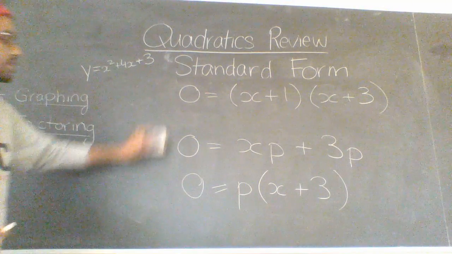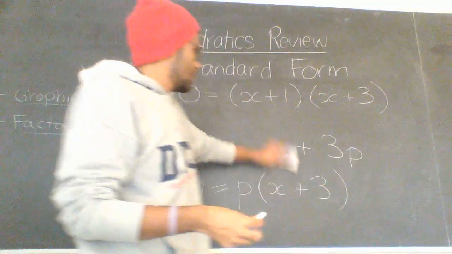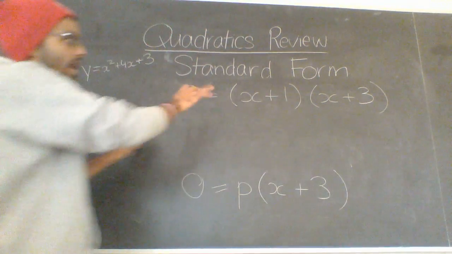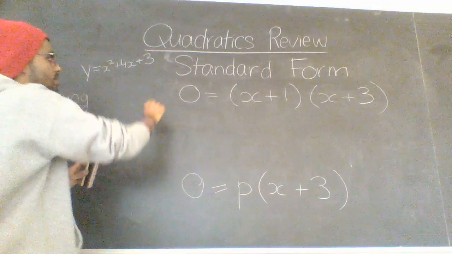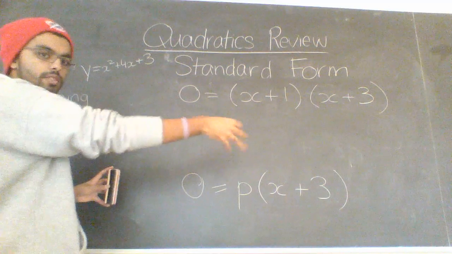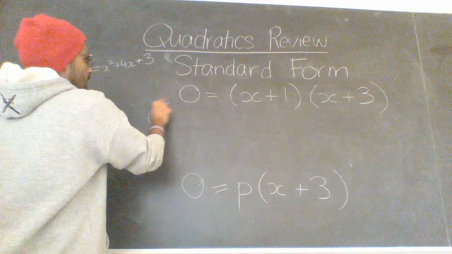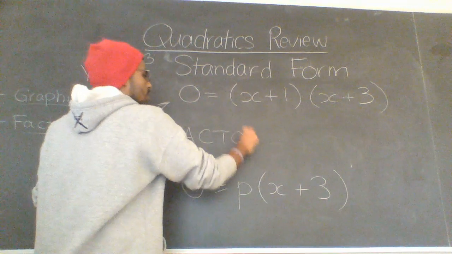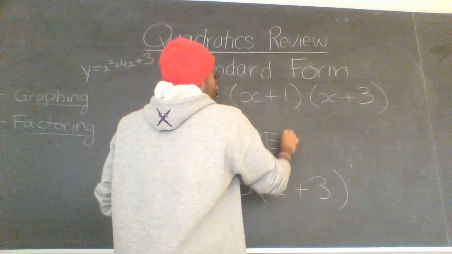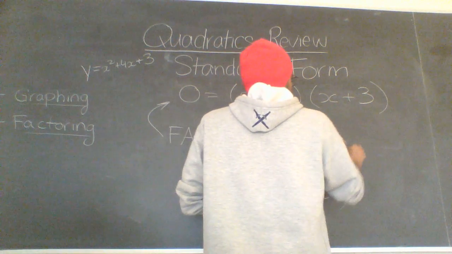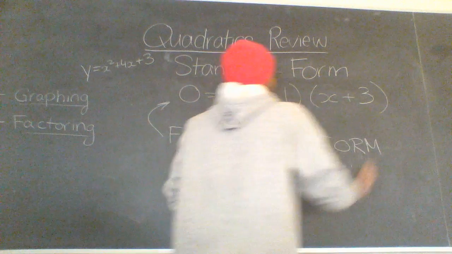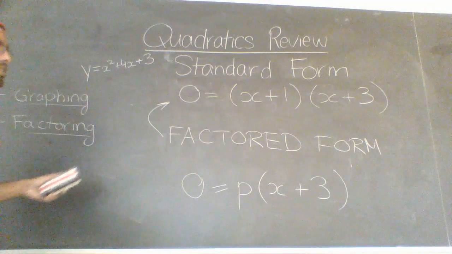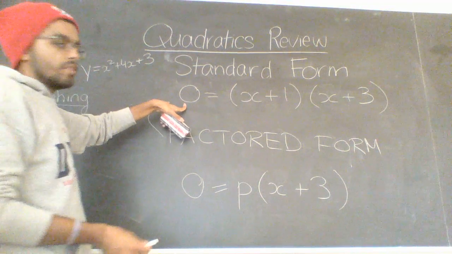And we're almost there. We're now almost finished. This is in factored form. So we started with standard form, which was that ax squared plus bx plus c. This is factored form. And once again, if you want to graph this on the internet, you can't have a 0 here, you'll need a y here.